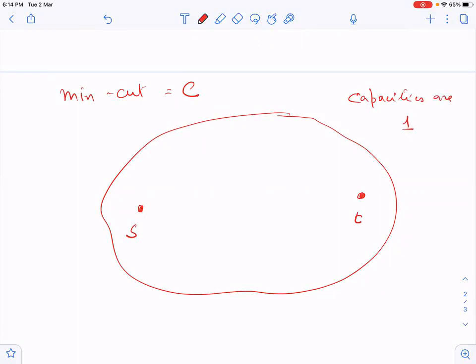So the min cut is C, meaning there is a cut of size at most C. You can have multiple cuts like this, and you can have some back edges, many of them. I don't know how many back edges there are. Note that back edges don't count toward the cut. Only the forward edges count toward the cut, right?